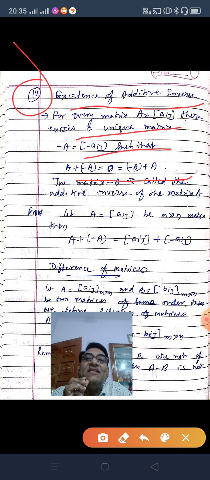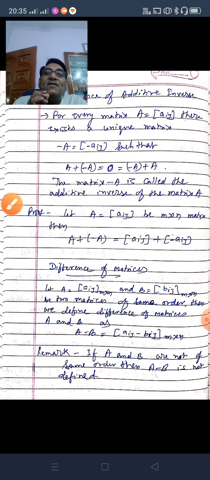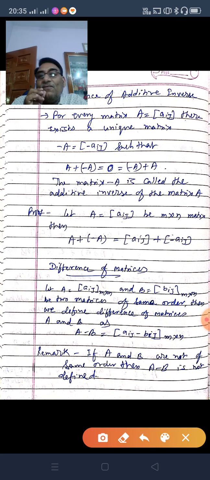The matrix minus A is called the additive inverse of the matrix A. Its proof is also very simple. Let A be Aij, an M cross N matrix. Then A plus minus A, that is Aij plus minus Aij, is 0. This is the existence of additive inverse.